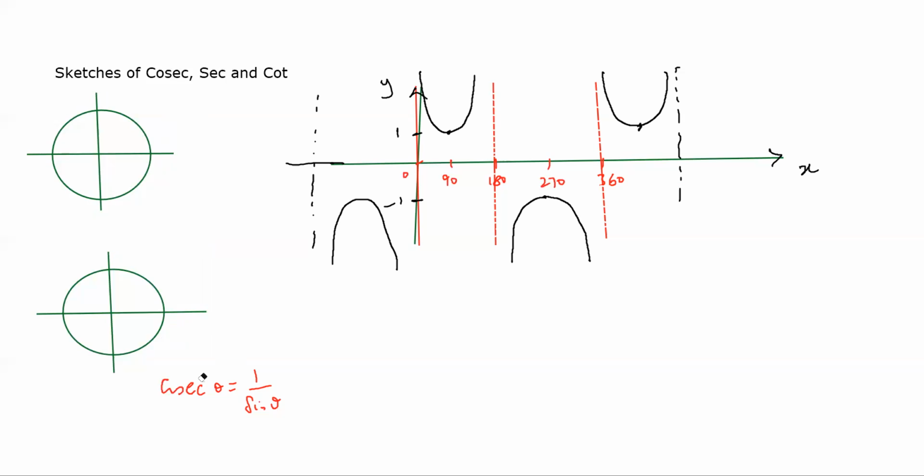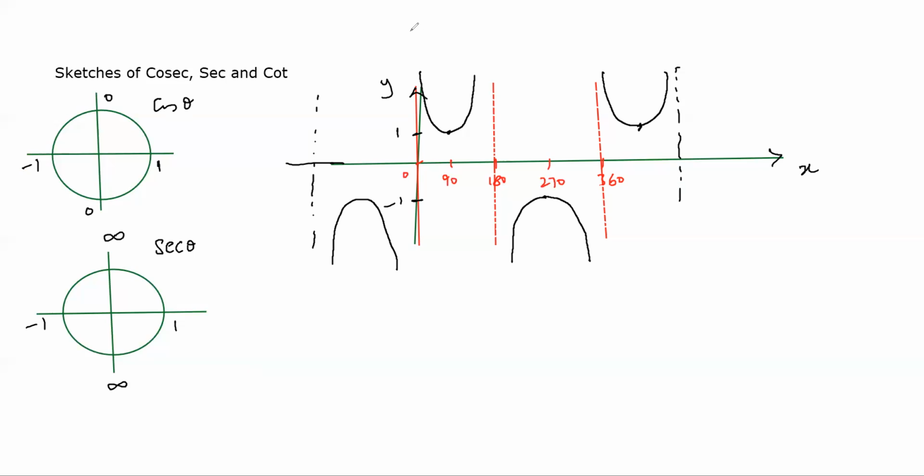For the secant, if you have cos theta, cos is 1 here, 0 here, minus 1 here, and 0 here at 270. Its reciprocal secant theta is going to be 1 here and minus 1 here, but this will be approaching infinity at 90 and 270.